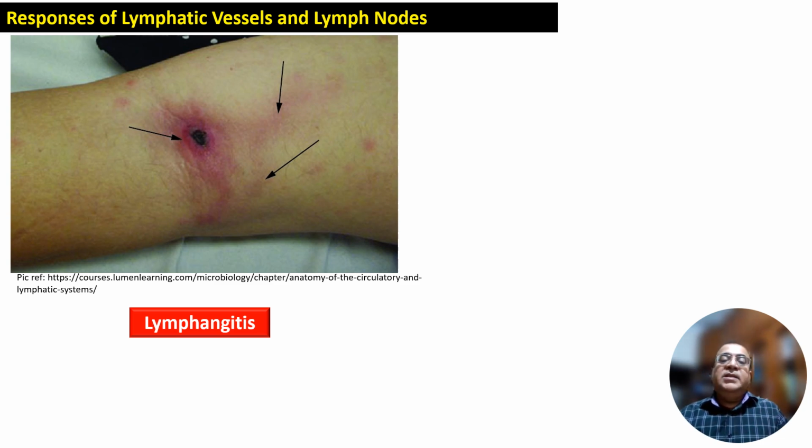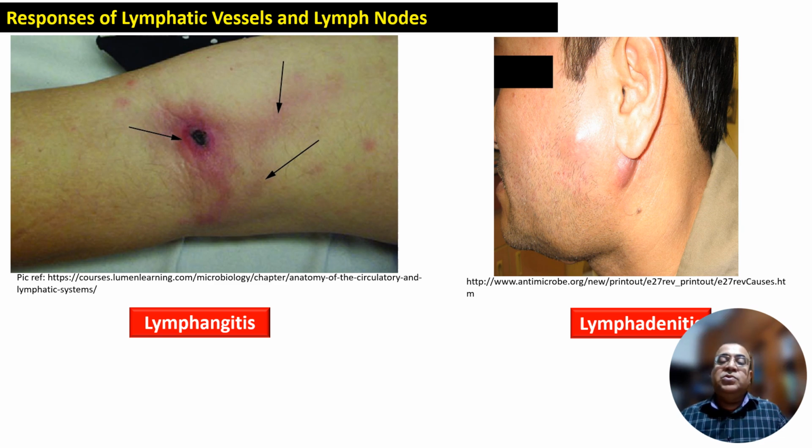So here these yellow streaks are evident and these are the result of lymphangitis, the inflammation of the lymphatic channels. Also, some of these microbes can gain access to the draining lymph node. Obviously these channels drain to the regional lymph node, so the microbe can get access to the regional lymph node and the lymph node can be enlarged.